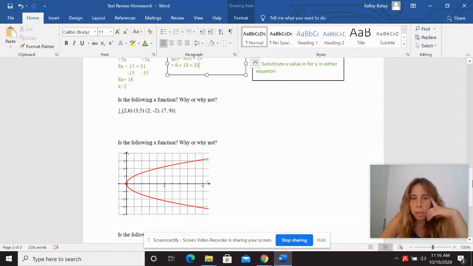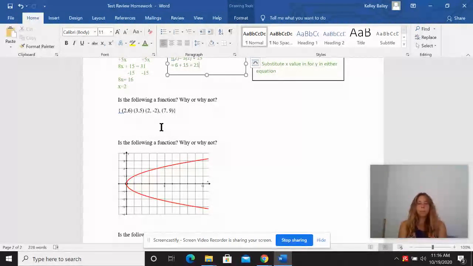Is the following a function? Why or why not? All right, well, I'm going to let you look at it. I'll shut up for a second. Okay. Well, a function, every x value, remember x values have to be exclusive.